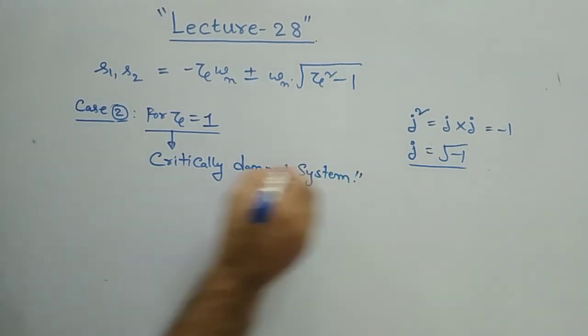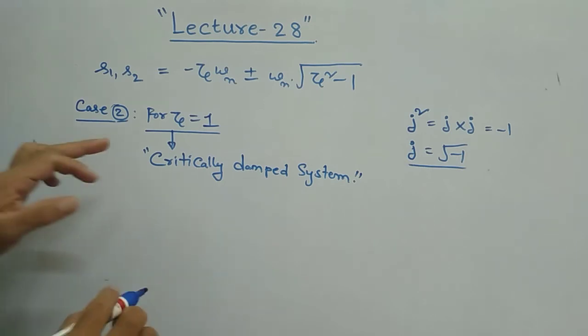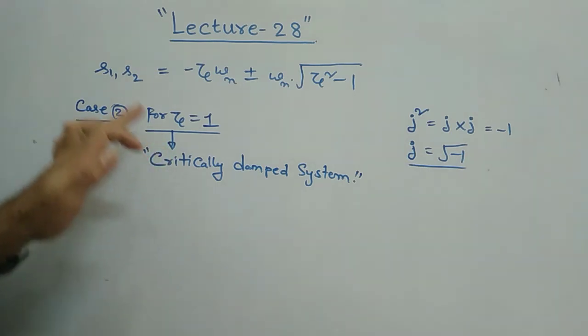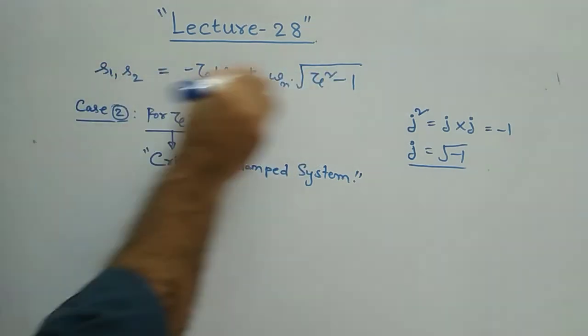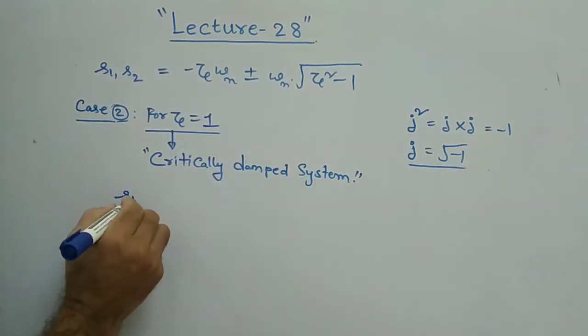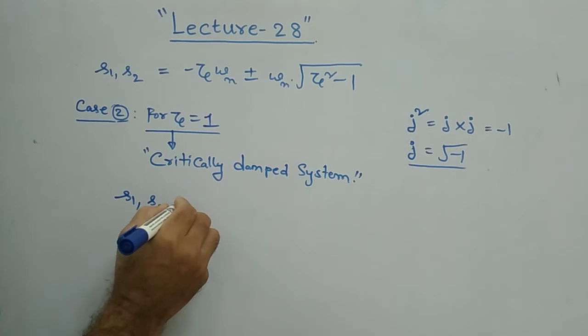Critically damped system. So for a critically damped system, what are the roots? Substitute zeta equal to 1 in the given roots equation.